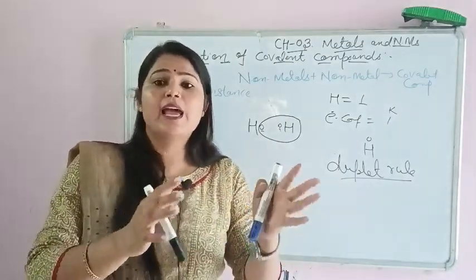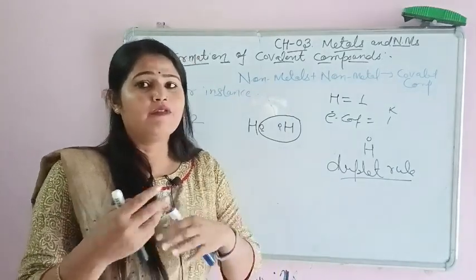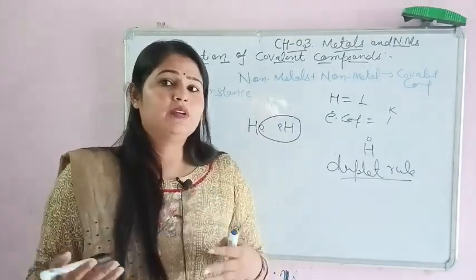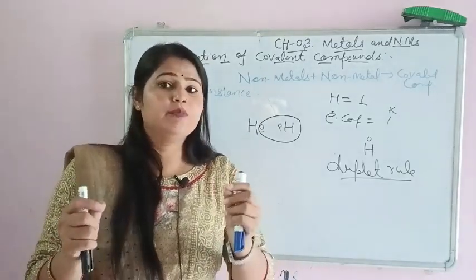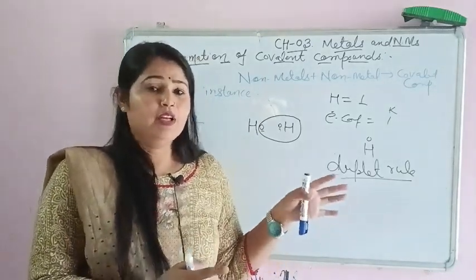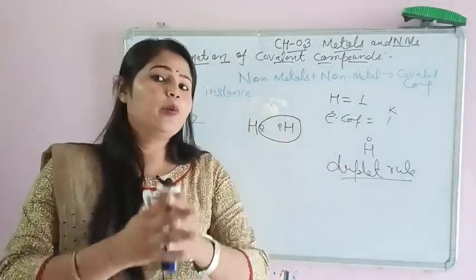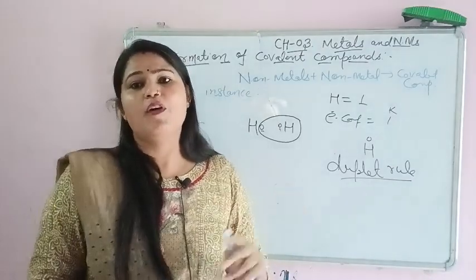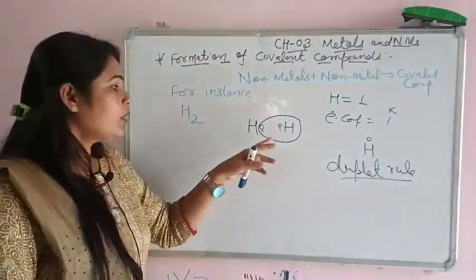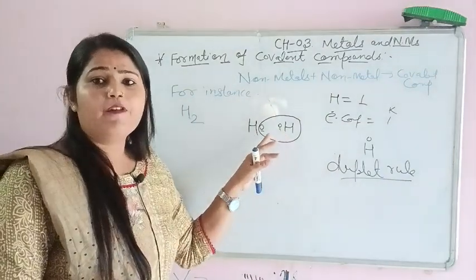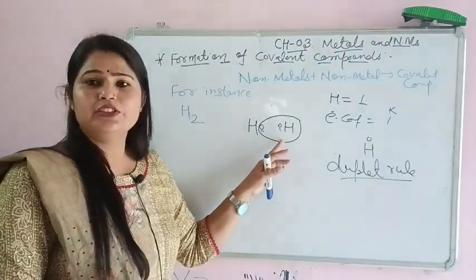That means the first shell, K shell, should contain only two electrons, and the L shell should be empty, containing zero electrons. If an atom does this, then that atom is stable and completes its duplet rule. So in the case of hydrogen, it completes its duplet rule. Hydrogen shares one electron from its neighboring element and becomes stable.